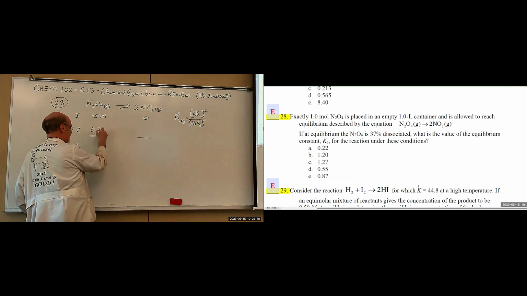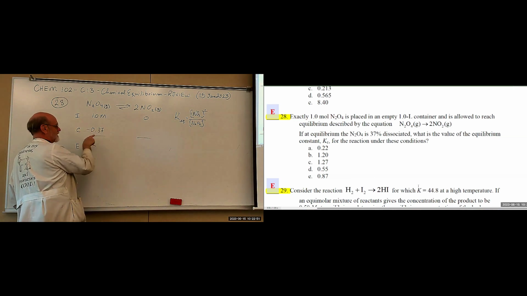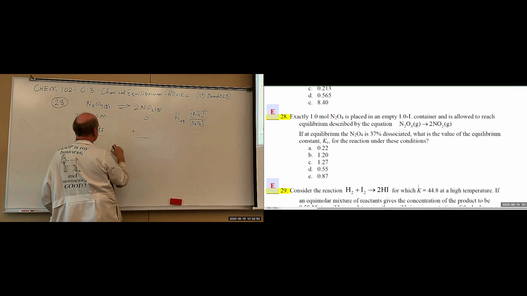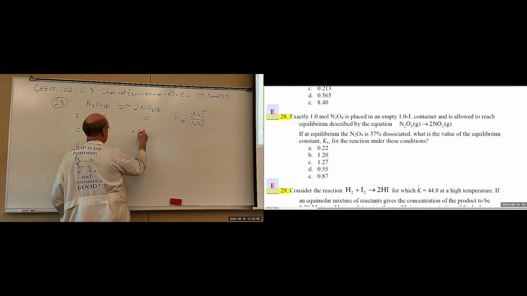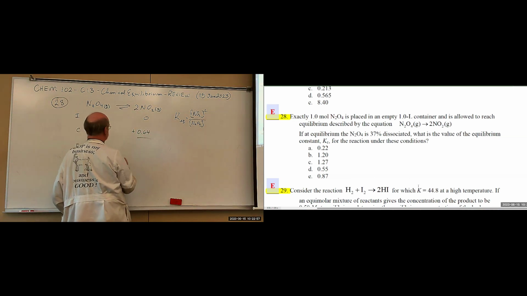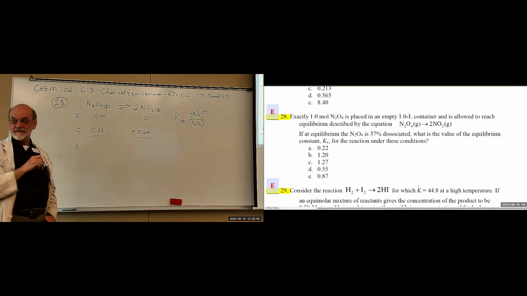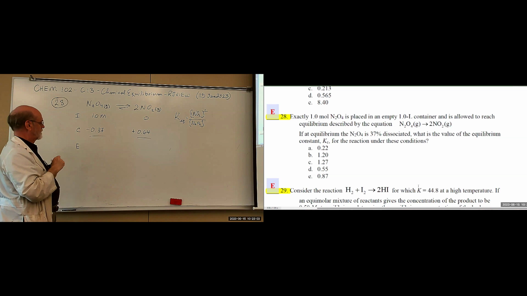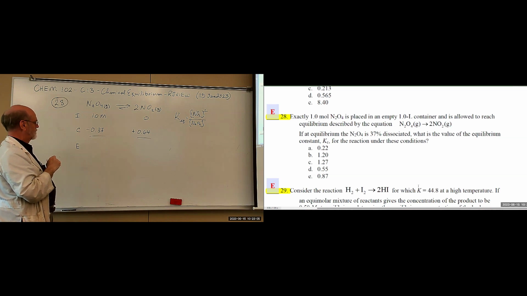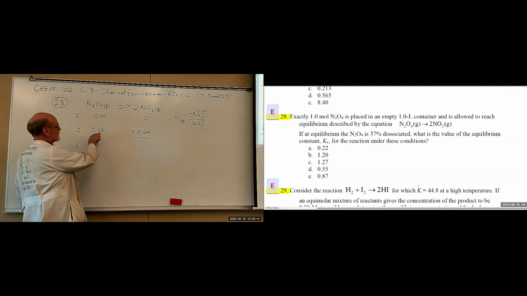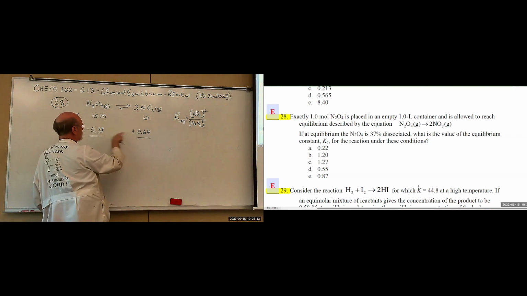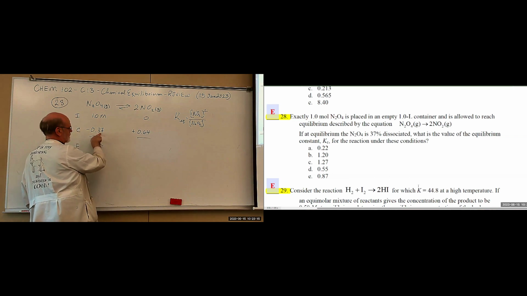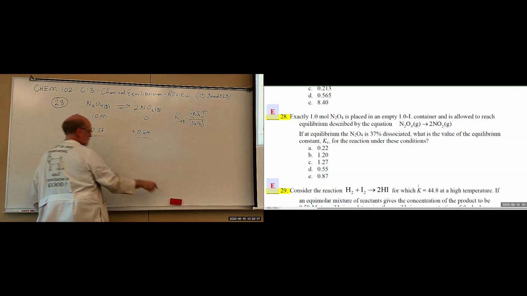1 minus 0.37. So we're going to add how much over here? 0.63. Two times this, 1 of those, and 2 of these.